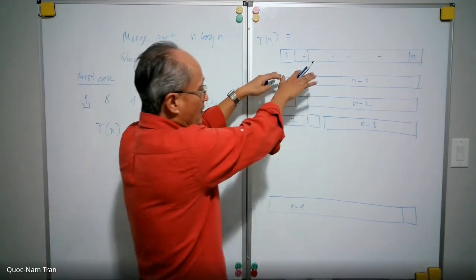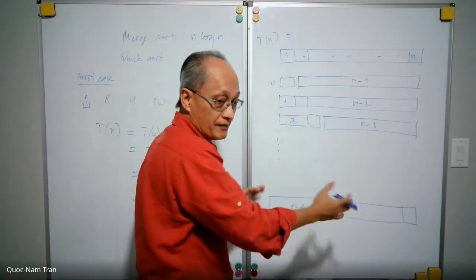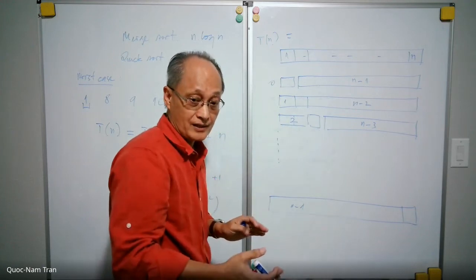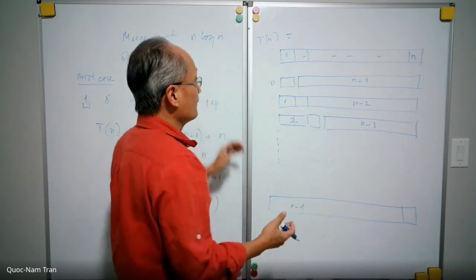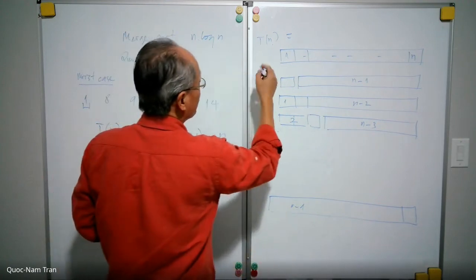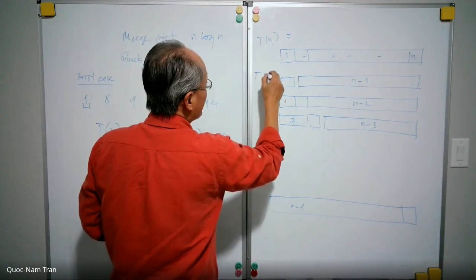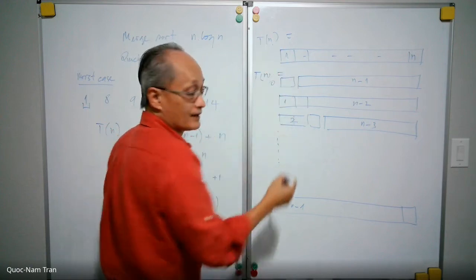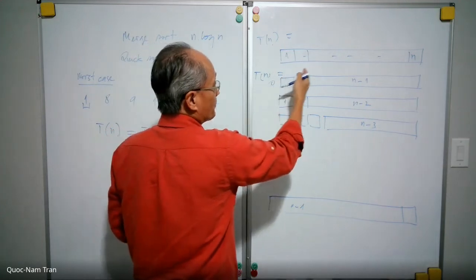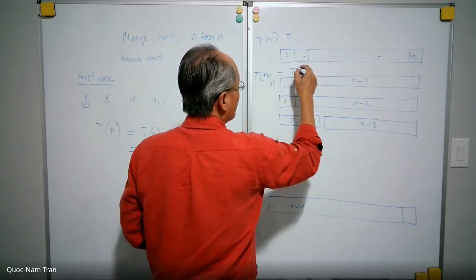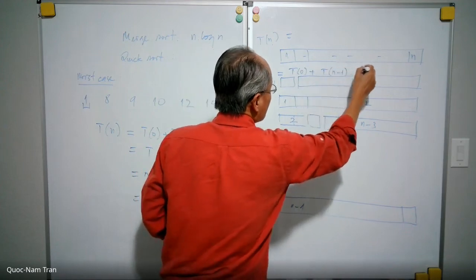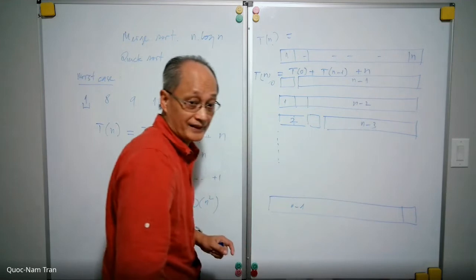Okay, so here you have n possibilities. So if we add all of the costs divided by n, then it's the average case, right? So let's write it down for this one. Here you have Tn is T0 plus Tn minus 1 plus n, right?